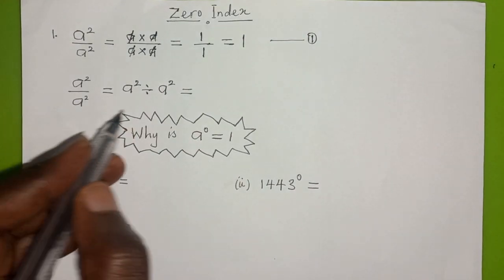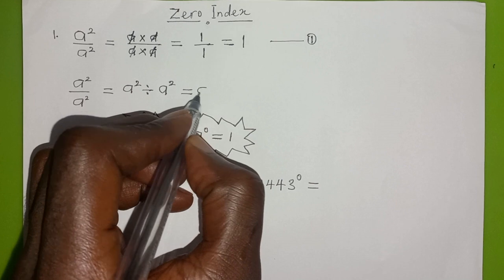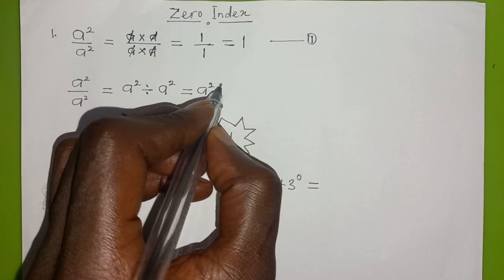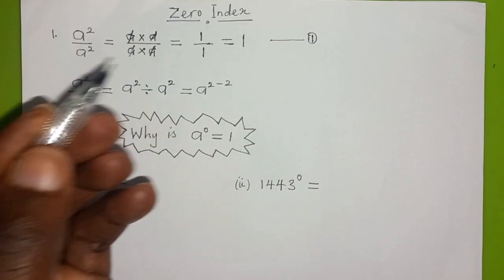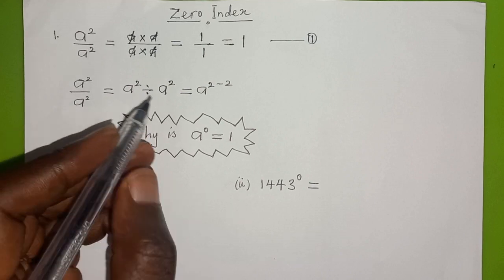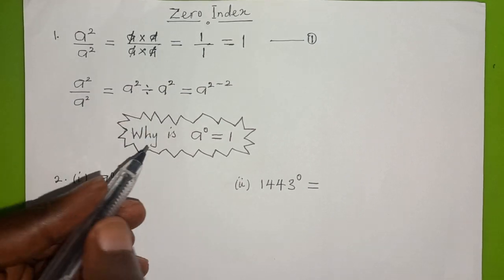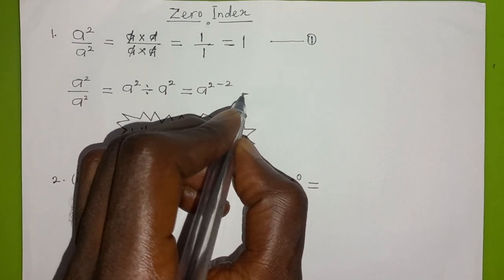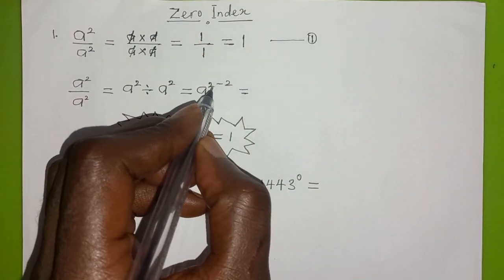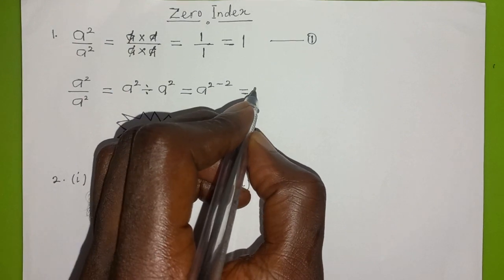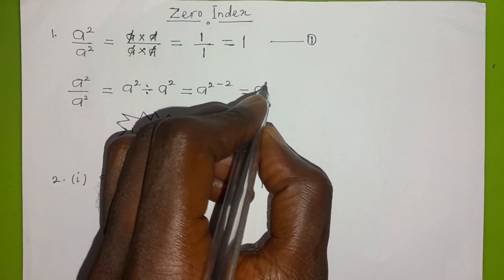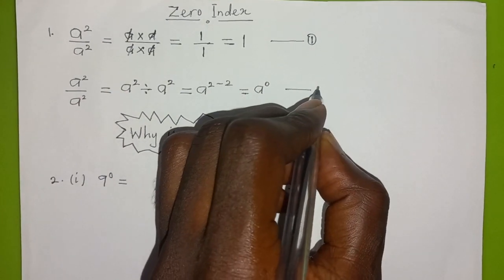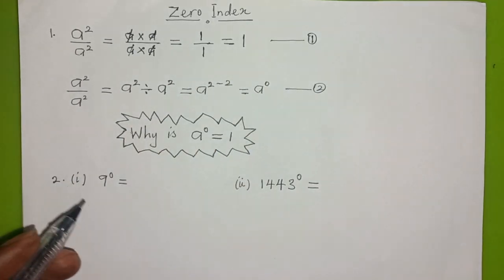This can be expressed as a raised to the power 2 minus 2. Because they are dividing, the powers must subtract. So finally, we can say that this is equal to 2 minus 2 is 0. So this is a raised to the power 0. This is the second expression.